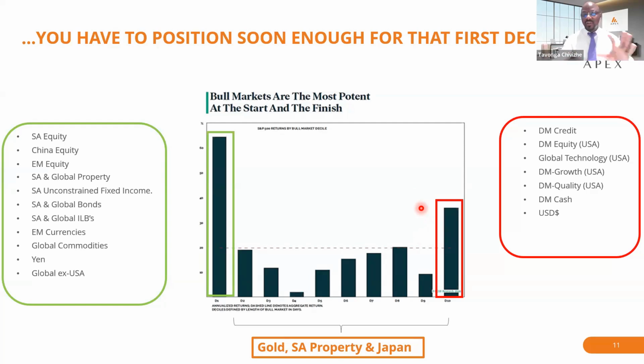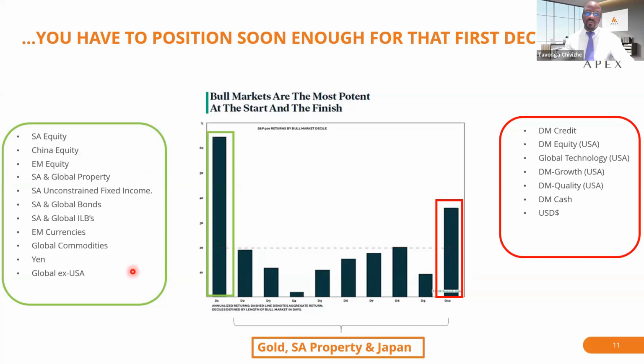As it would be when you classify our positioning from this particular context, which is the center, the gravitas of our philosophy and process, the ideas where we are positioning for the first decile still are South African equities, which started to do very well on the back of the political suspicion that we would have a government of national unity; Chinese equities, which were triggered by the policy announcement in September of 2024; EM equity, which is catching a beat from Chinese equity and SA equity, but also the peak of the dollar; and global property, which we believe is still to benefit from the cut in rates, which has not been happening that fast.